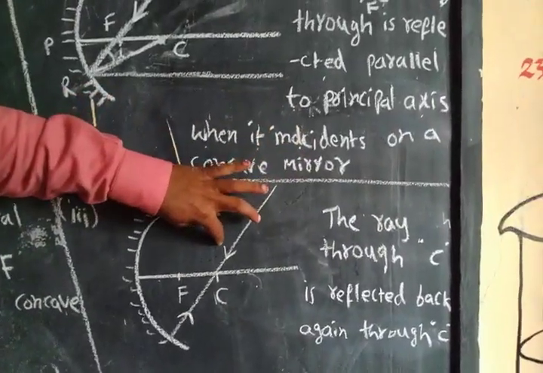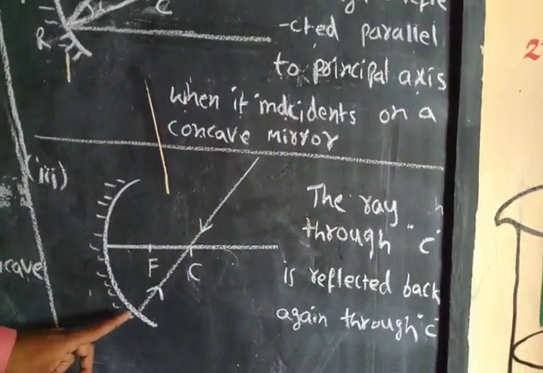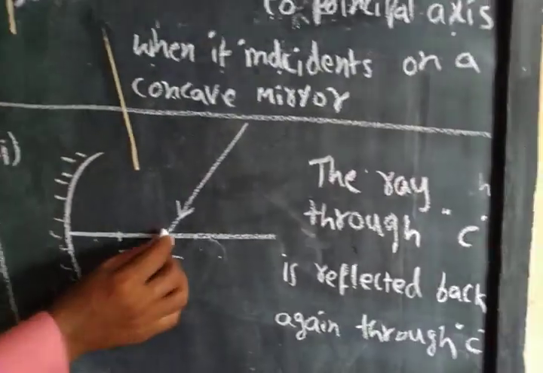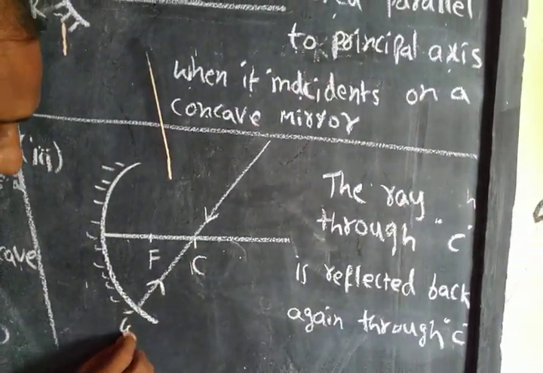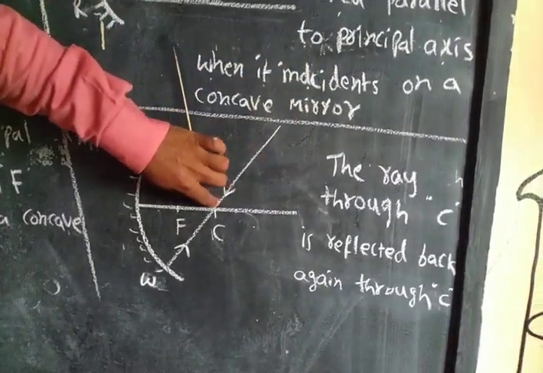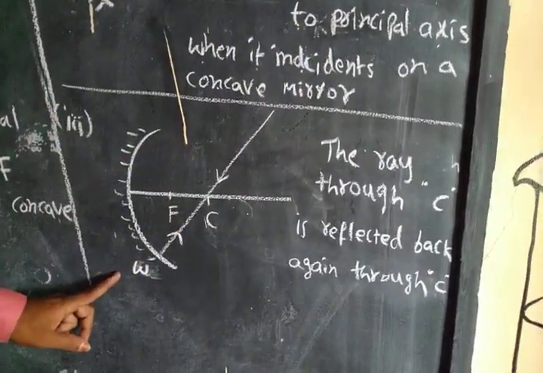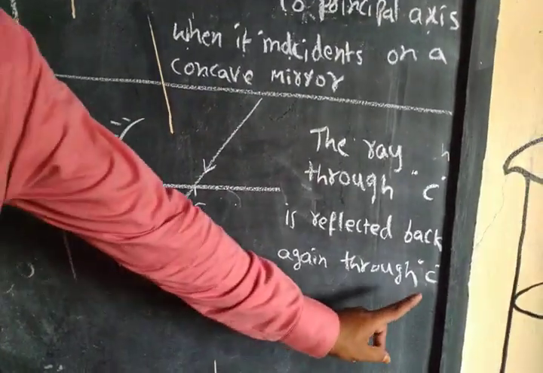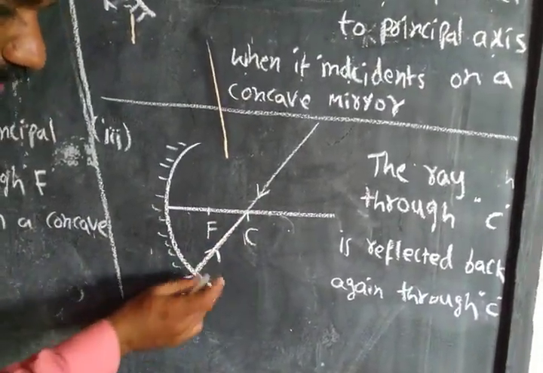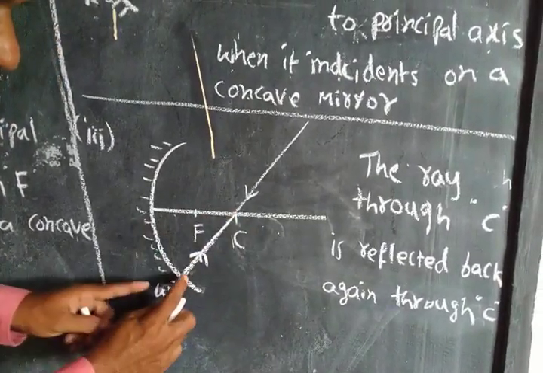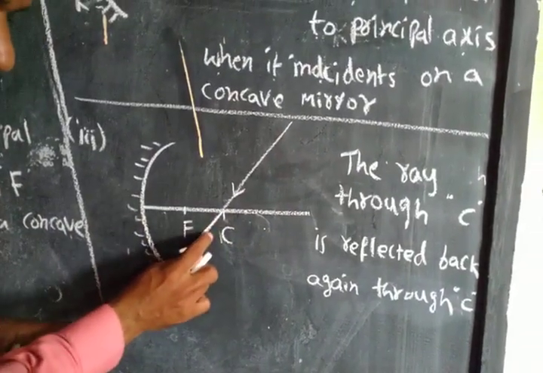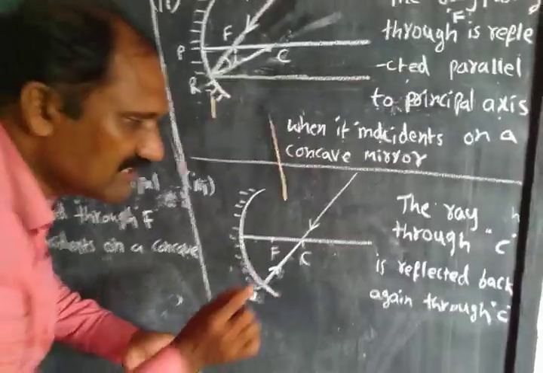The ray passing through the center of curvature when incident on a concave mirror is reflected back again through C, because if it is incident at a point W, WC is the normal at W. This ray which is passing through C makes the angle of incidence 0.